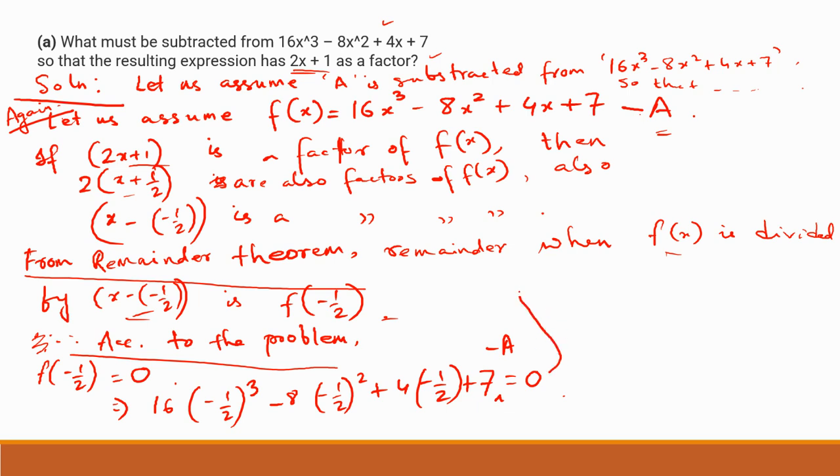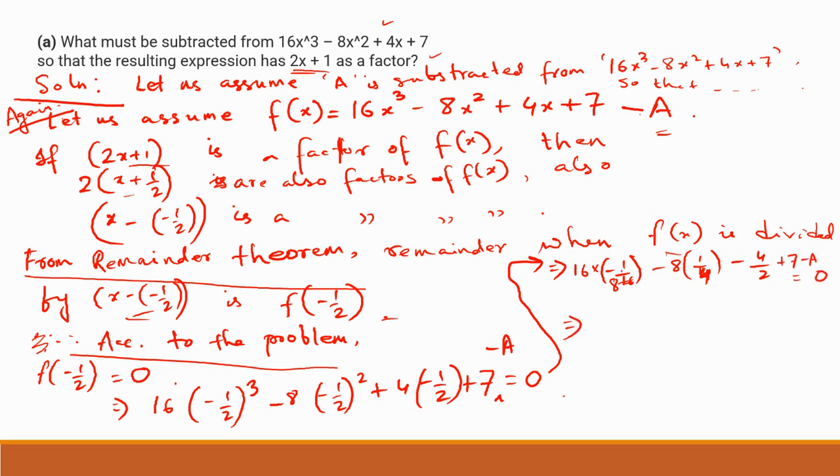So from here, let's do the calculation. This implies 16 times, 2 cube is, oh sorry, 2 cube is 8. 2 times 2 is 4 times 2 is 8. Minus 8 times minus half square is 1 times 1 divided by 4, plus or minus 4 divided by 2 plus 7 minus a equals 0.